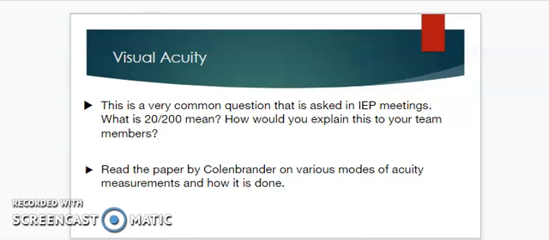Visual acuity is another very common question asked in IEP meetings. What does 20/200 mean? What does 20/70 mean? What does 20/80 mean? How would you explain this to your team members? In our district, we do in-services for all our teams at the beginning of the school year, and sometimes even for classrooms and schools, because sighted peers also need to understand the vision conditions of your student.